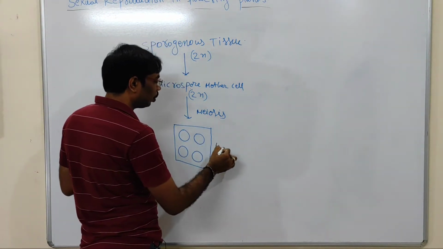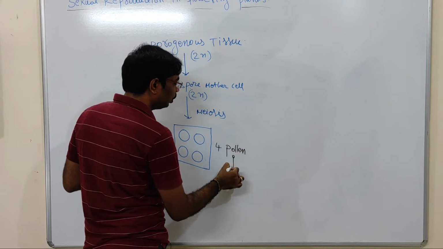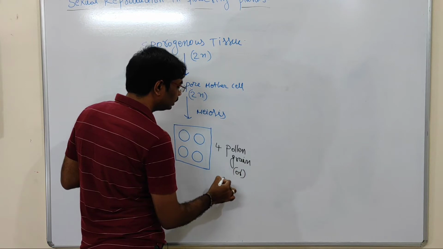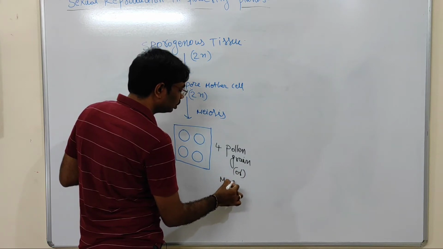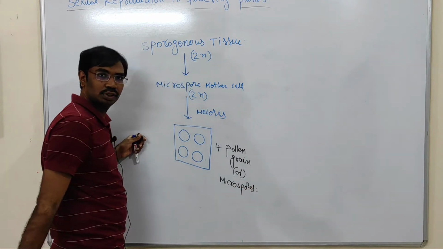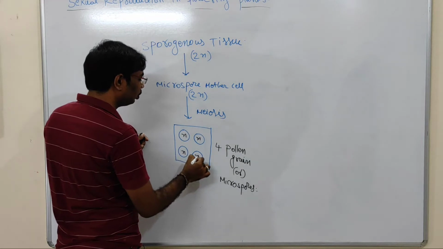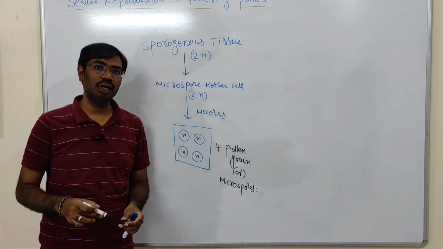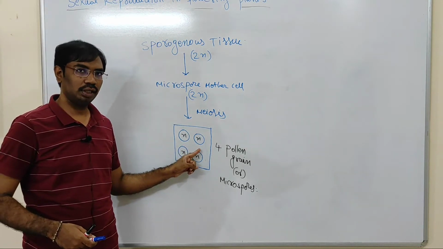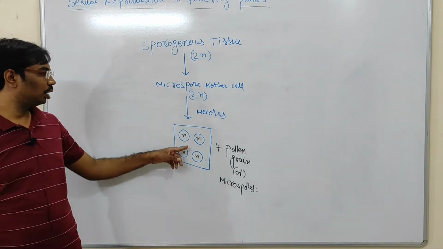What is the ploidy of the pollen grains or microspores? Otherwise, we can say these are the microspores. So 4 microspores or pollen grains are produced in this process, and all of them are in the haploid condition.